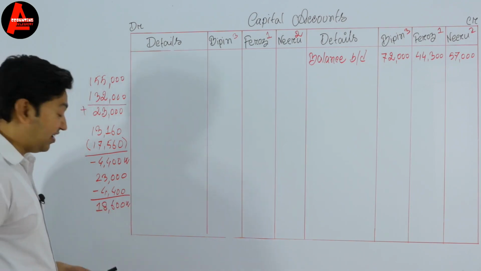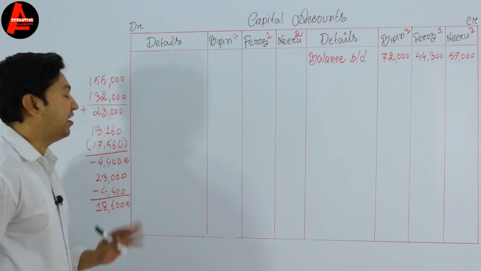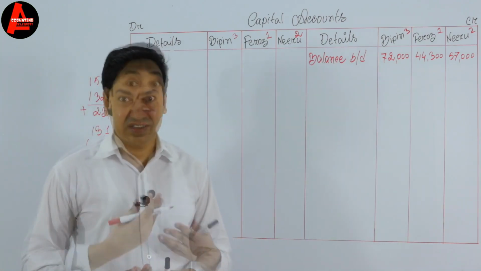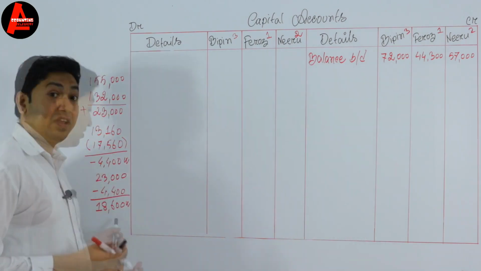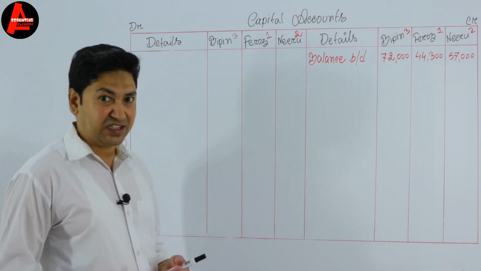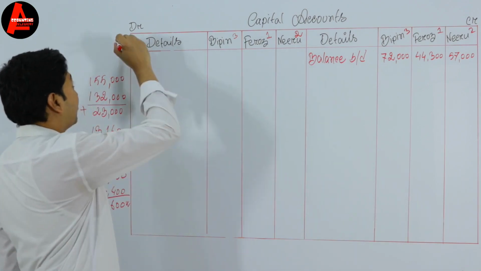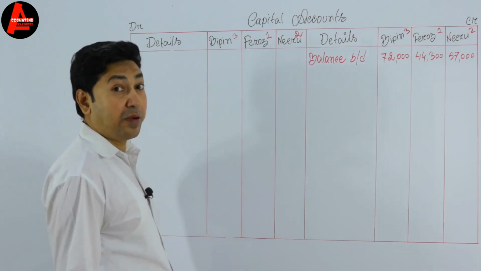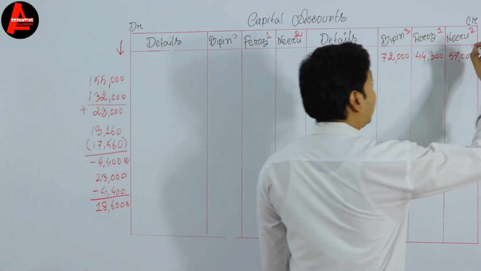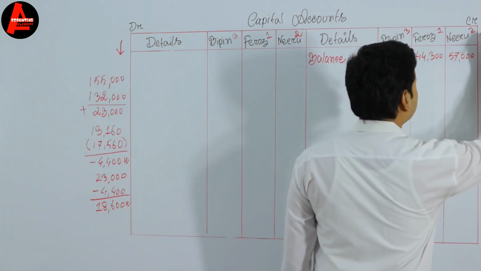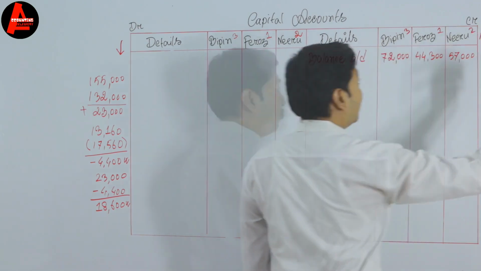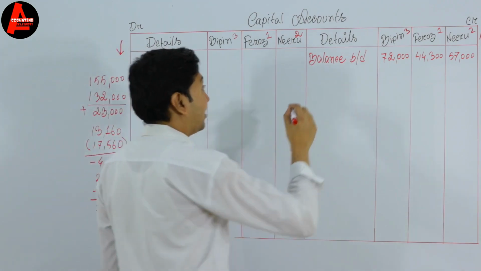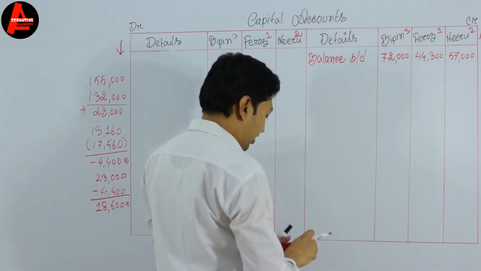This amount will now go in the capital account, but which side? For this amount, the capital will be increased. If capital increased, we write on the credit side. If capital decreased, we write on the debit side. Here capital increased, so we write on the credit side. What do we write here? We will write revaluation.